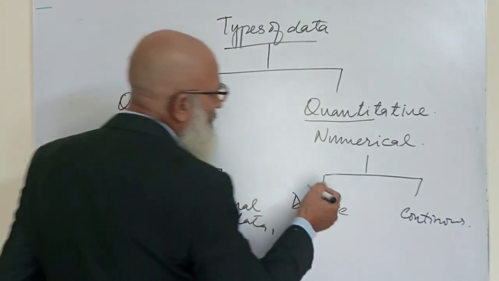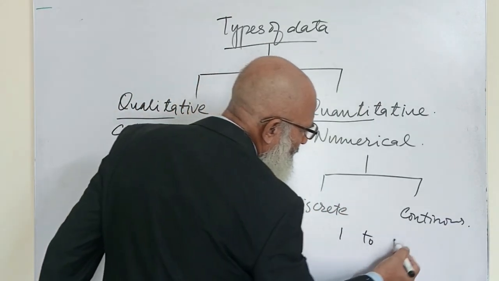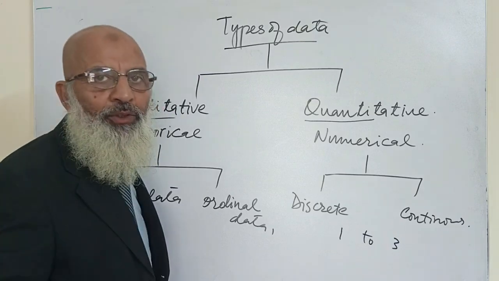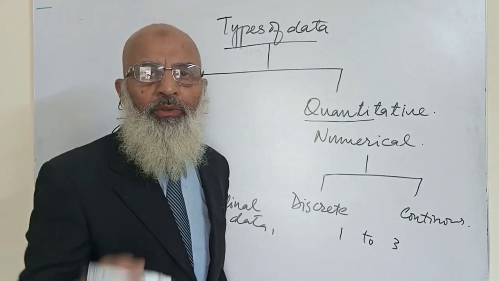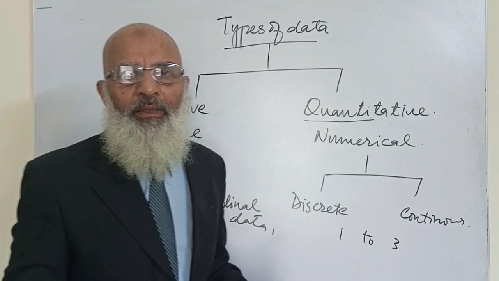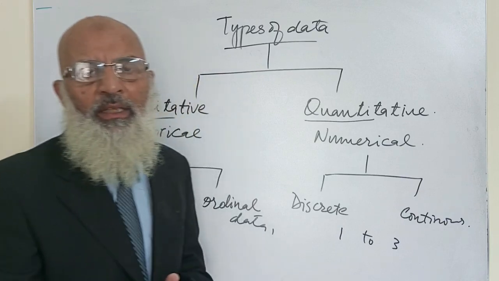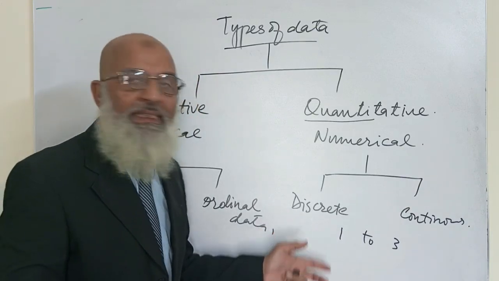You know what is discrete? Discrete is, you see that when we just jump from 1 to 2, 1 to 3, 1 to 4, 2 to 4. It means that we are jumping. We are not in the middle way. So we'll call it discrete.